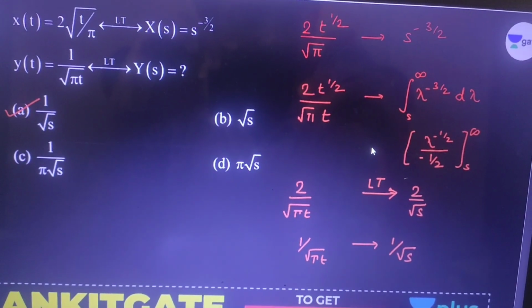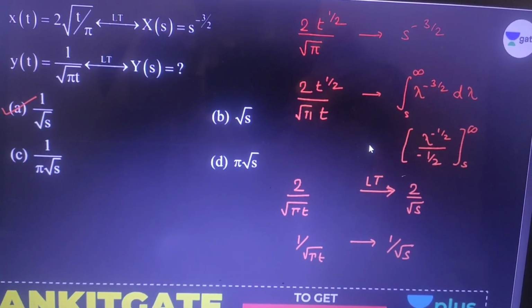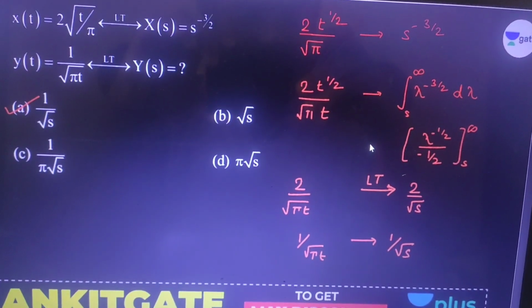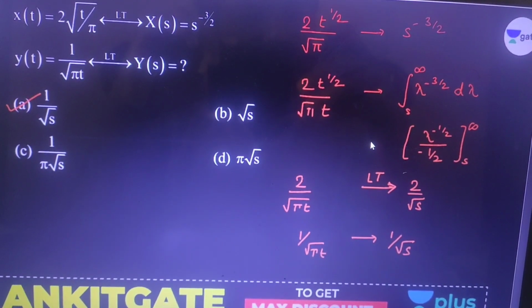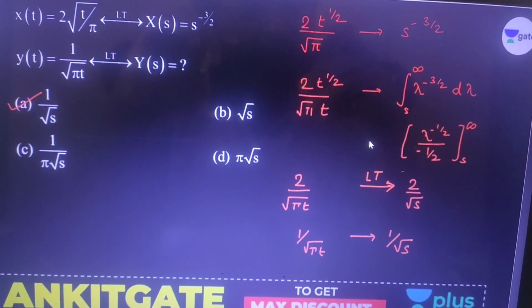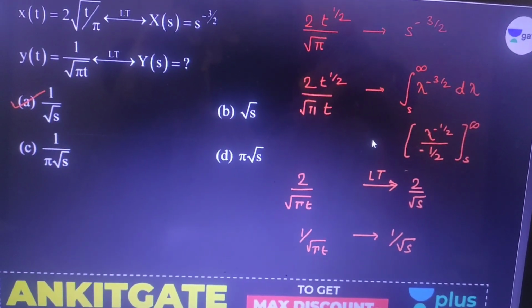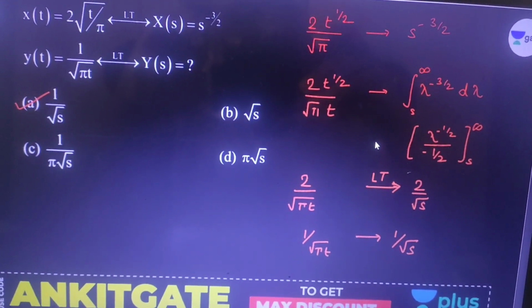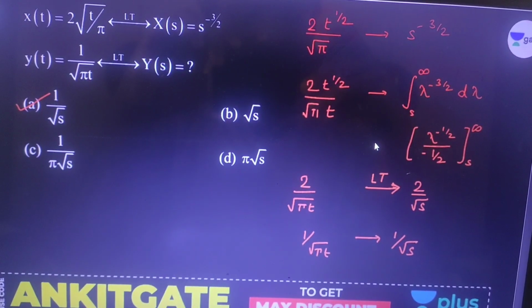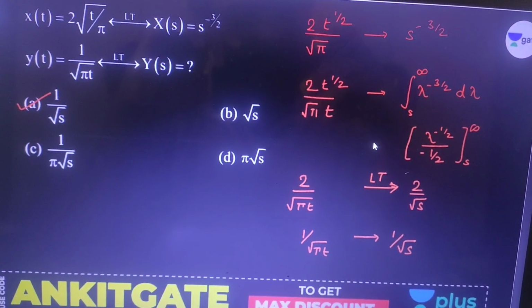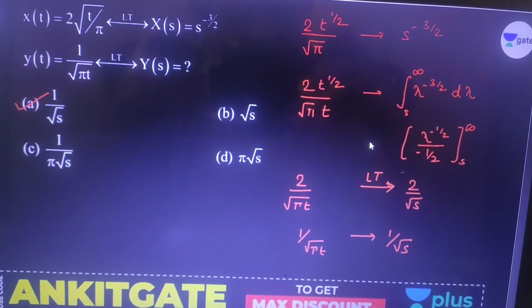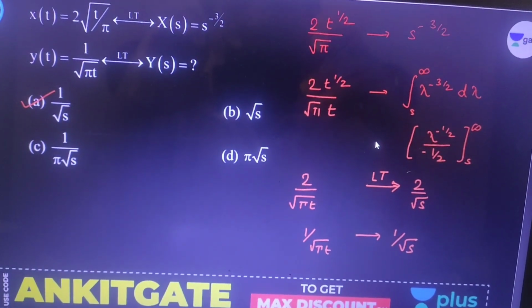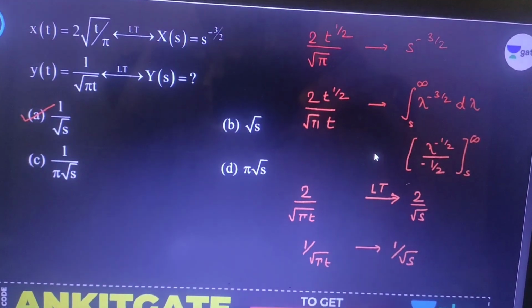By doing integration, you will get 2 by root s, and in the numerator t power 1 by 2 will get cancelled, and root pi t gives 2 by root s. He is asking about 1 by root pi t, so the 2 gets cancelled, and you will get the answer as 1 by root s.